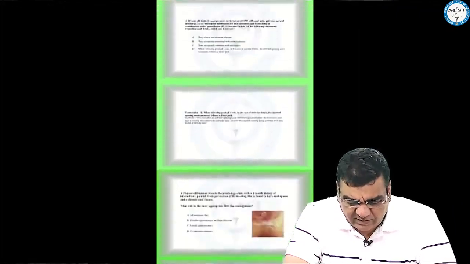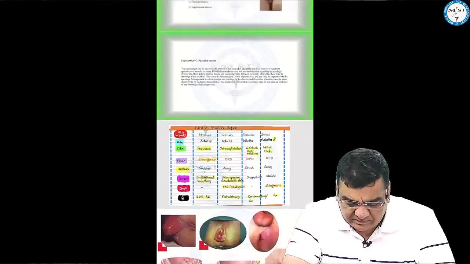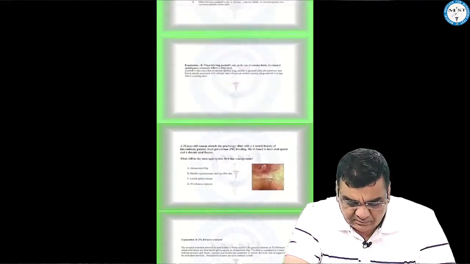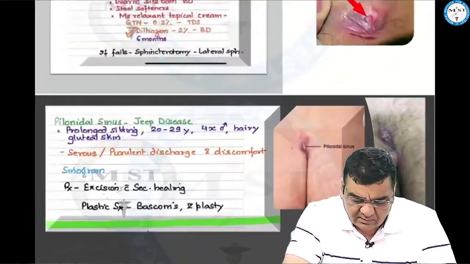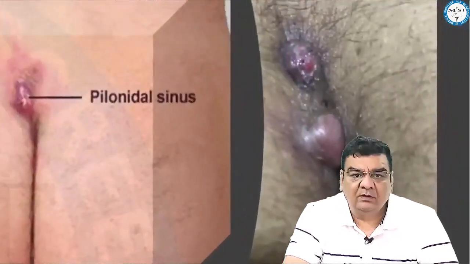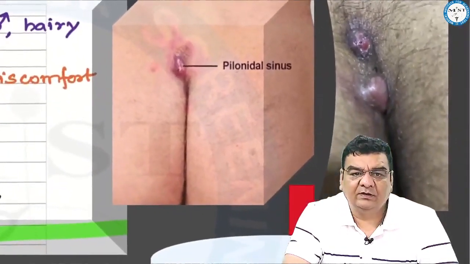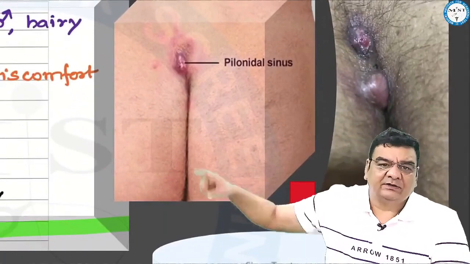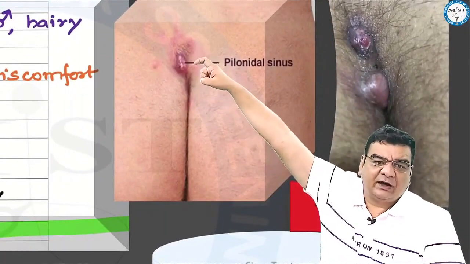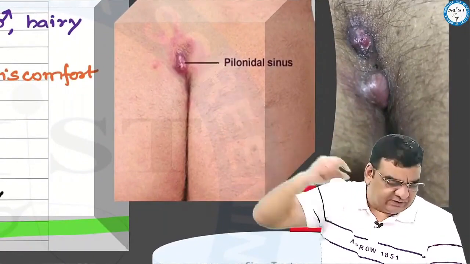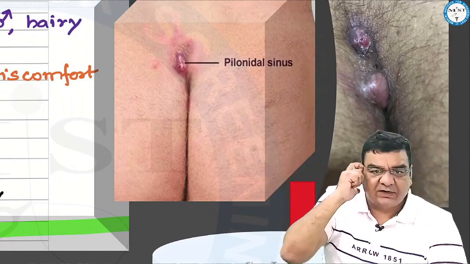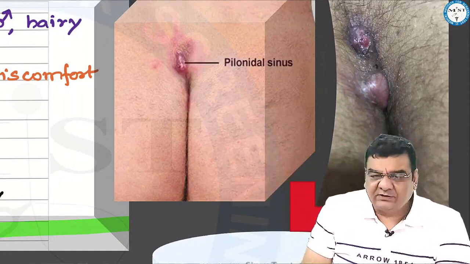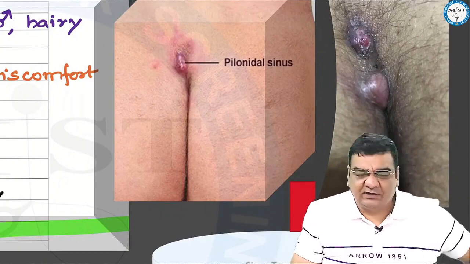Now, what can happen, beta, in these individuals? For example, just imagine that this is the intergluteal cleft, right? So, this is the topic, beta, which we will be discussing in adult surgical problems. This is going to be the last topic in adult surgical problems.